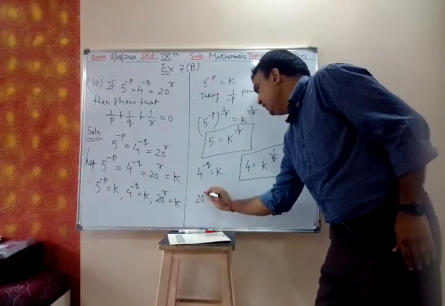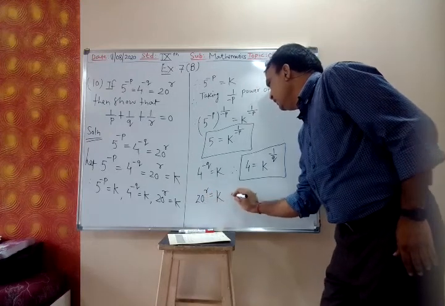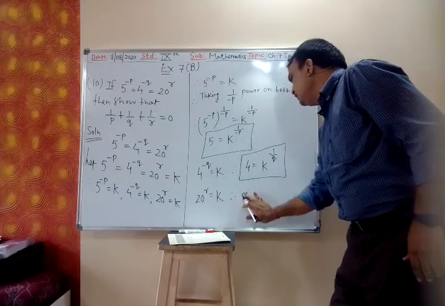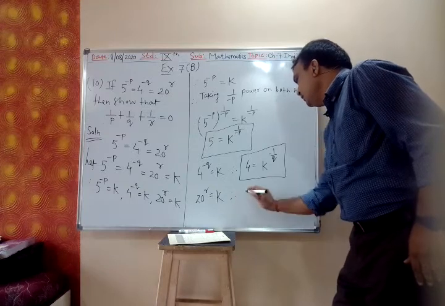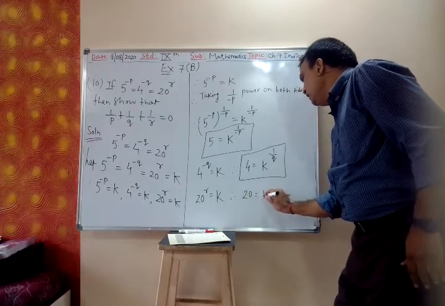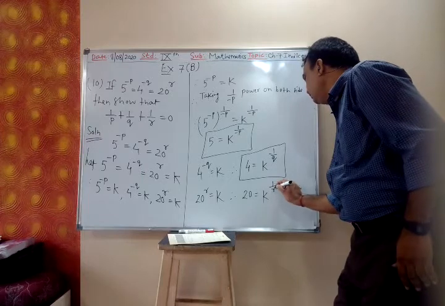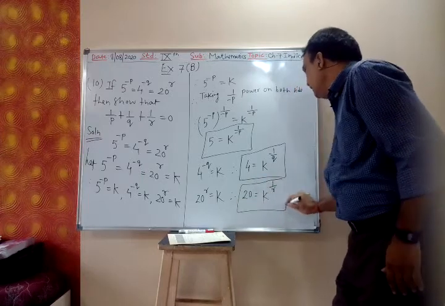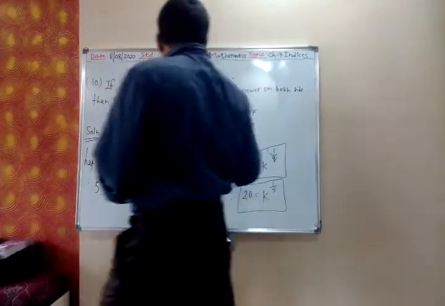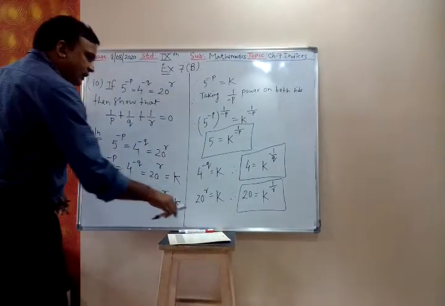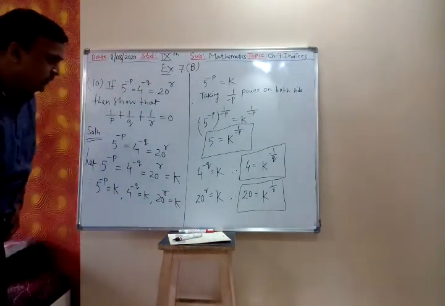Similarly, 20 raised to r is equal to k. So that gives 20 is equal to k raised to 1 upon r. So in this way we have got the value of k raised to 1 upon minus p, k raised to 1 upon minus q, k raised to 1 upon r.